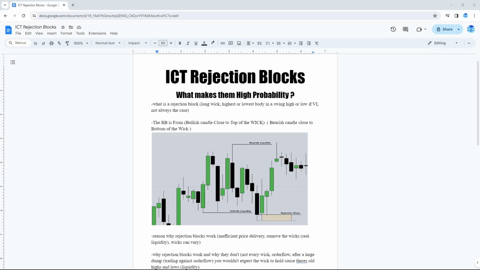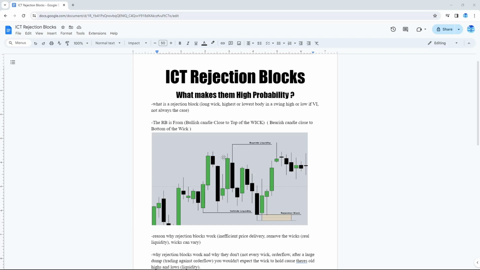I used to see a lot of people pointing out rejection blocks, and they're not the correct rejection block and/or not a rejection block at all, for the main reason of not being a candle that sweeps a previous swing high or swing low, with even better being into a high time frame key level and a higher time frame candle, with there being the 4 hour, 2 hour, the daily, as we see in the example below.